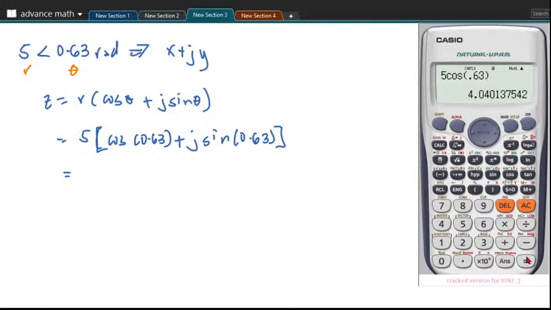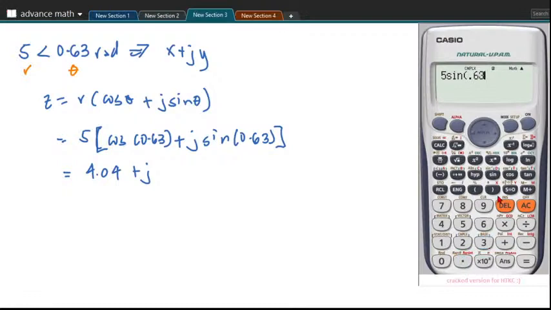So 5 cosine 0.63 will be 4.04, plus j 5 times sine 0.63. The 5 here is distributed to each term, the cosine and sine.